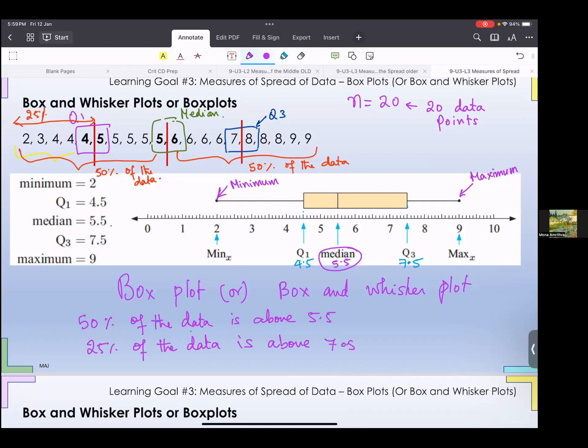If there were 20 values, 25% of 20 is 5, which means 5 values are above 7.5. So that's 1, 2, 3, 4, 5. Sorry, I'm counting here and you have no idea what I'm counting. Those 5 values are above 7.5. That's what the box plot tells you.